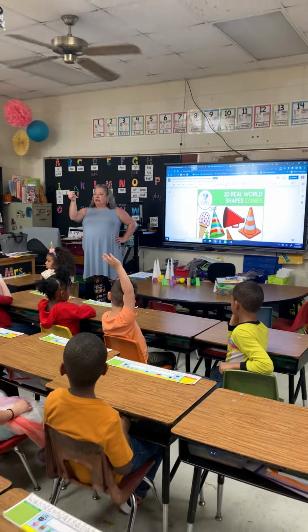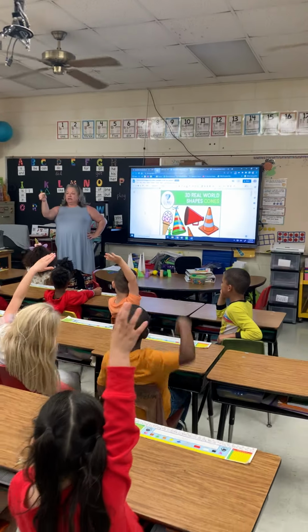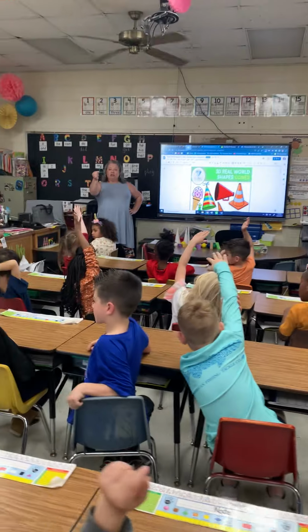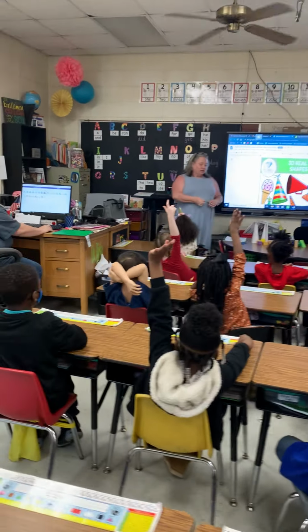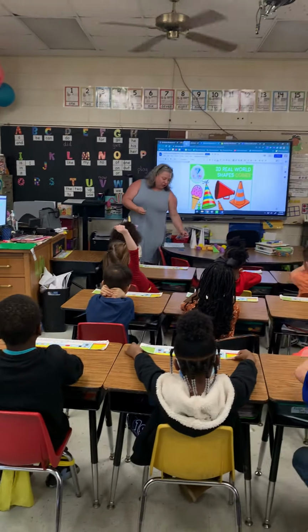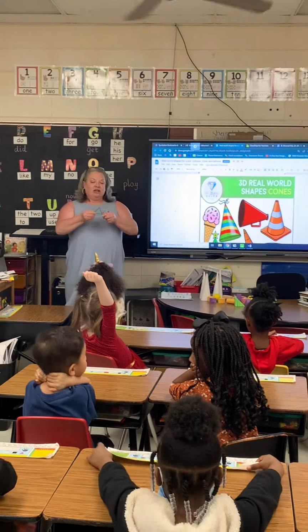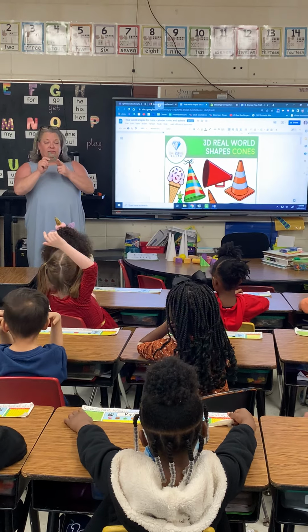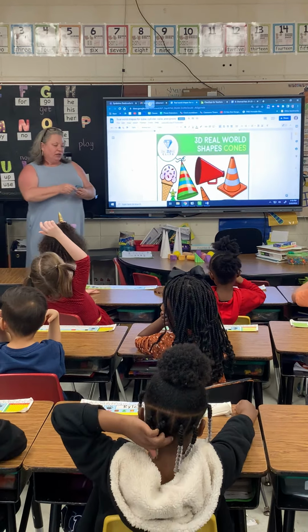Square. Okay. Look at it. Good. Triangle. John. Triangle. So these are all 2D shapes. They're flat. They do have sides and vertices and corners, but they're flat.